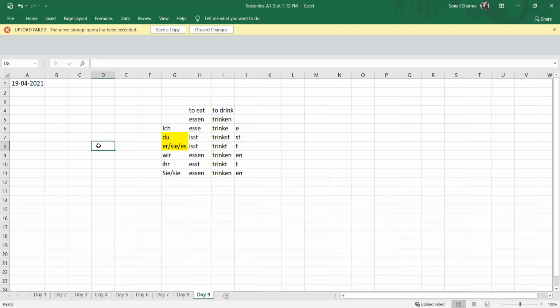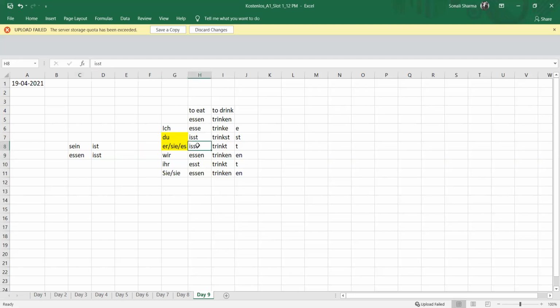One important thing here: I have written ist twice. One is the sein form, which means it is, he is, she is, and the other is for the verb essen, he eats, she eats.